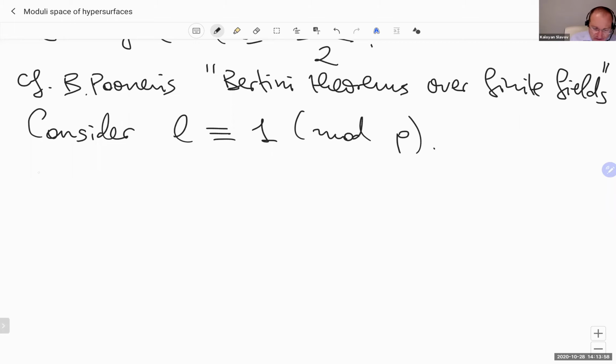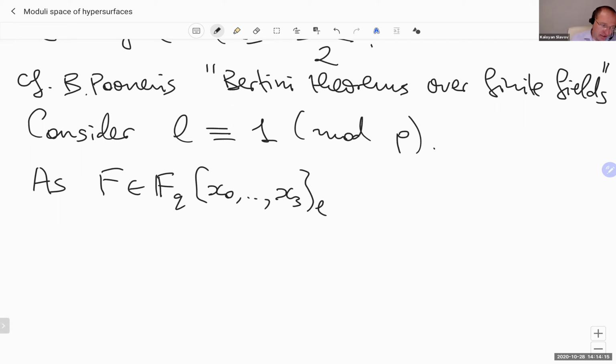Now, I will use the language of probabilities because it's convenient. We could avoid it if we want to, but we don't want to. It's convenient. As F in FQ x0 until x3, homogeneous of degree L, is chosen uniformly at random, let E be the following event.